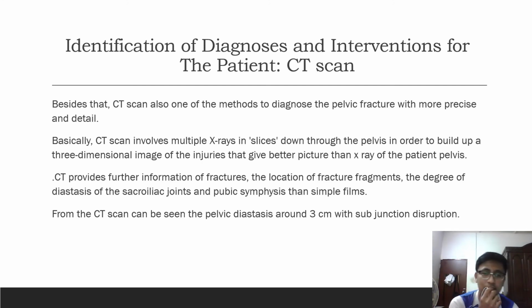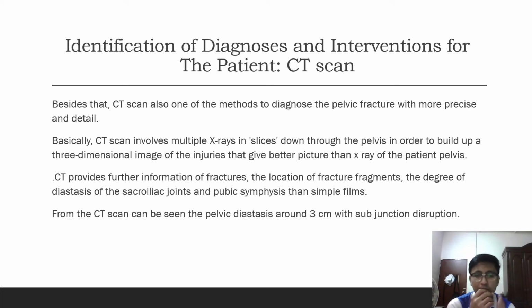Besides that, CT can also be used as one of the methods to diagnose the pelvic fracture with more precision and detail. Basically, a CT scan involves multiple X-rays in slices down through the pelvis in order to build up a three-dimensional 3D image of the injury that gives a better picture than an X-ray of the patient's pelvis.